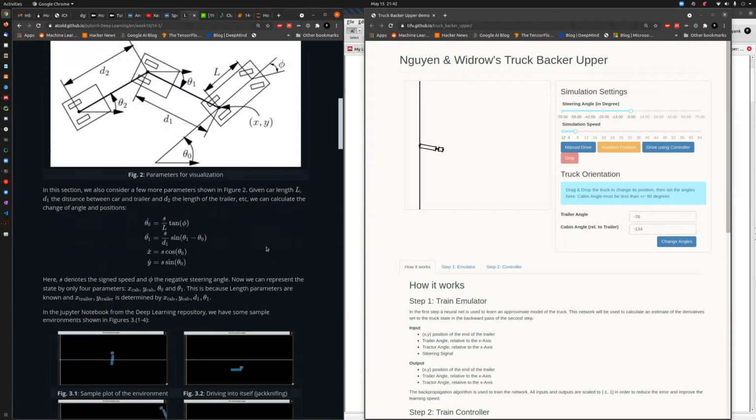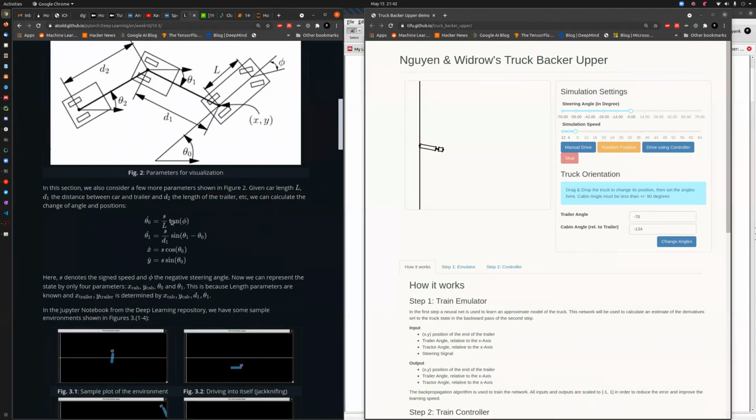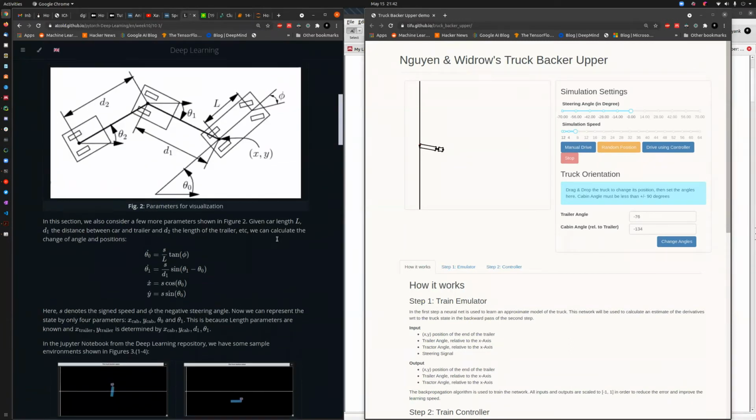Yeah, we calculate the change of angles and the position. This is the tan phi.